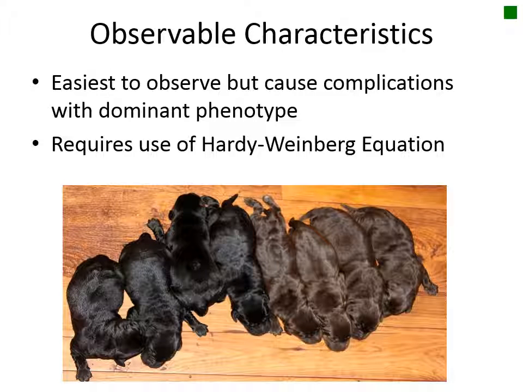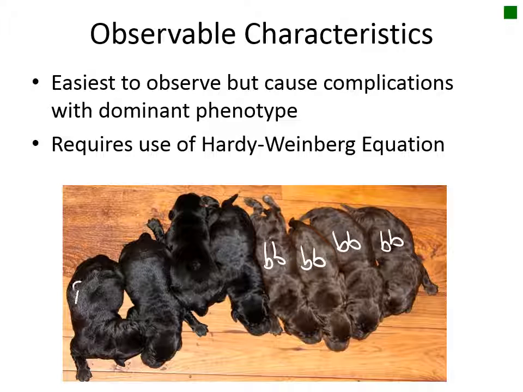The easiest and most typical way for determining allele frequencies is to examine the phenotypes caused by those alleles. However, this becomes problematic for the dominant allele phenotype because you are unable to know how many individuals with a dominant allele are heterozygous or homozygous dominant, and that information changes the frequency of individual alleles. For example, with this population of brown and black labs, the brown labs are all going to be homozygous recessive in order to be brown in color.